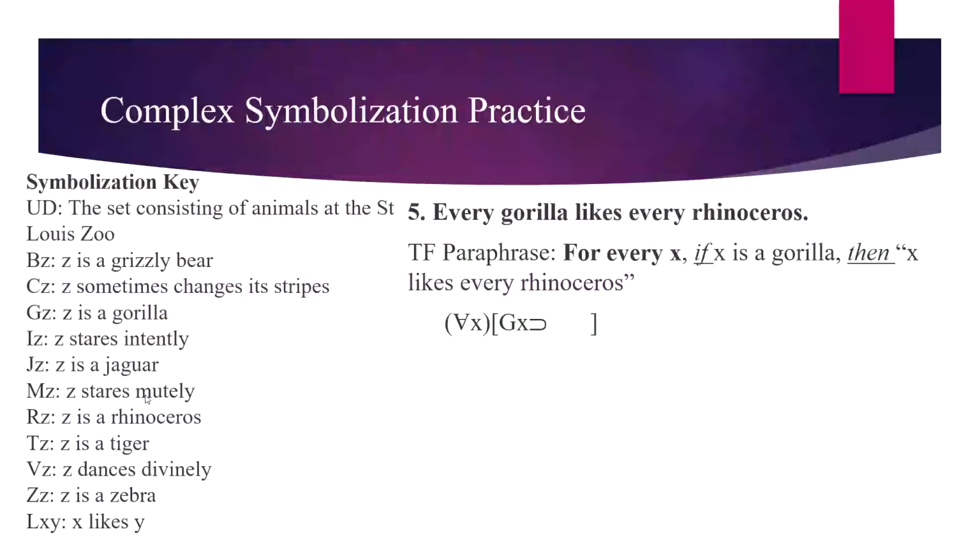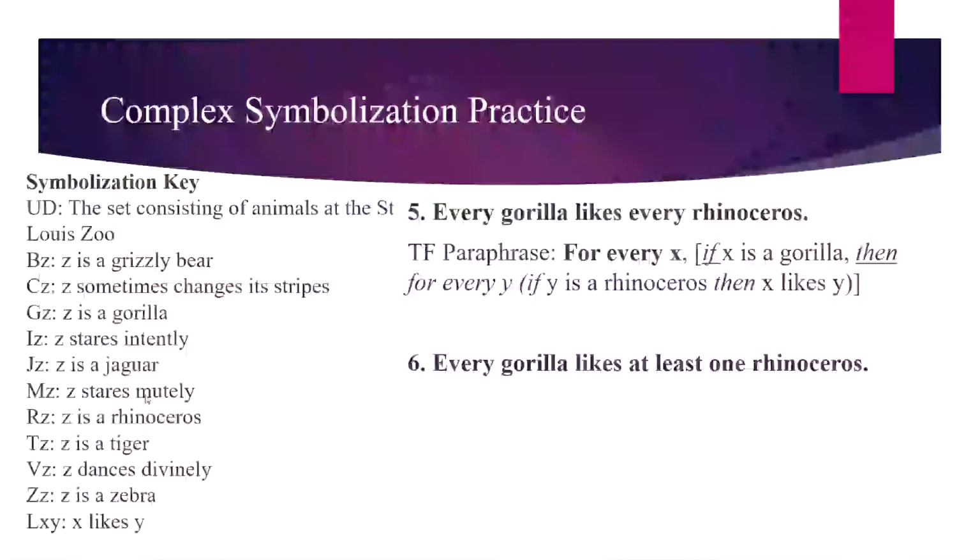So when we think x likes every rhinoceros, we can think of that as for every y, if y is a rhinoceros, then x likes y, right? Because we're making another universal claim about something that's true of every rhinoceros.